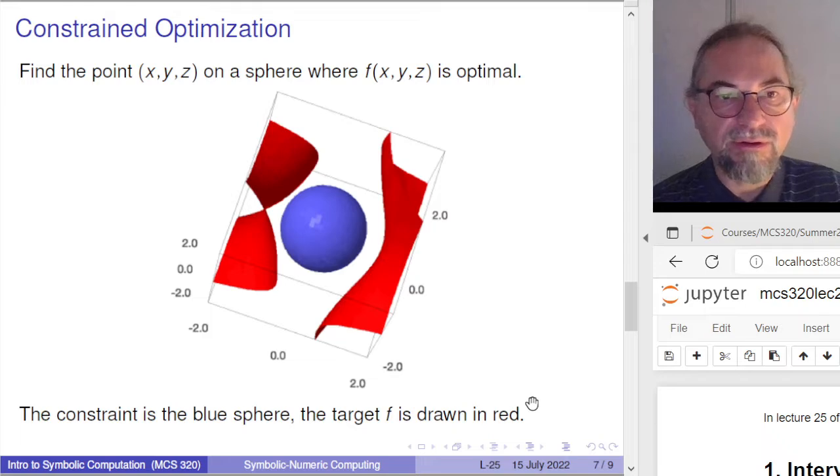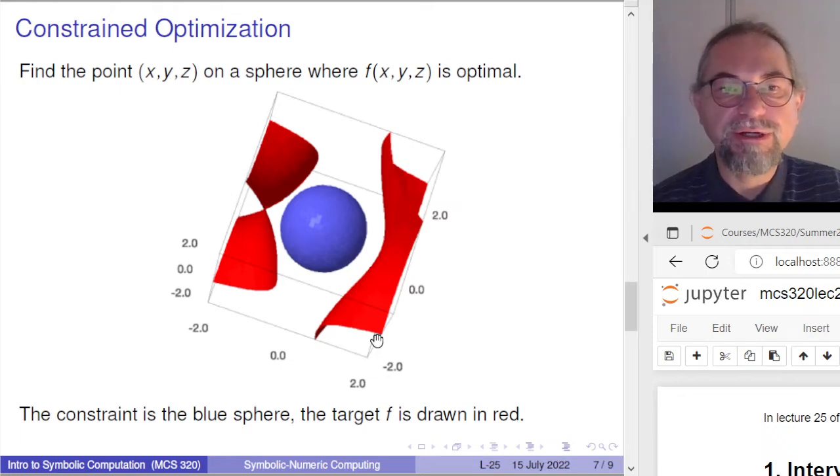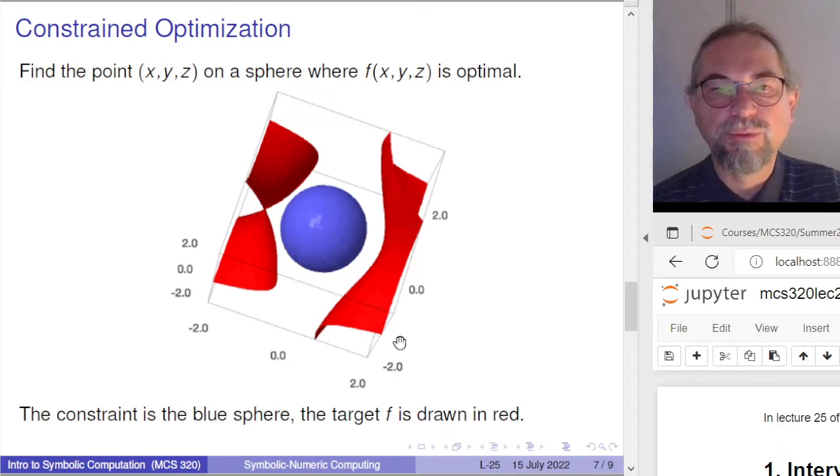Here is a very general problem. We have a blue sphere, or a sphere drawn in blue here, and we want to find the points on the sphere for which a given function is optimal.